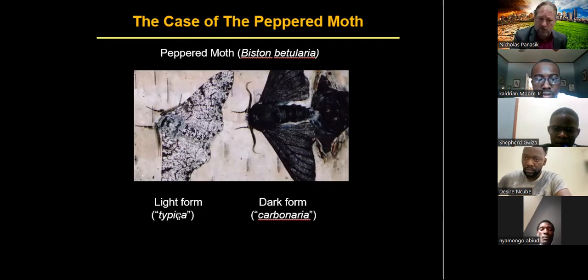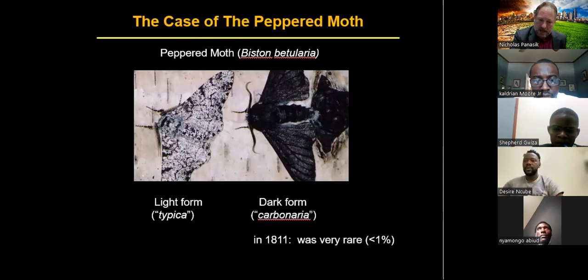There's a light form called typica, and the dark form is Biston betularia carbonaria. In 1811, this dark form was very, very rare. I think they had one specimen in captivity. Less than 1% of the population were these dark moths.